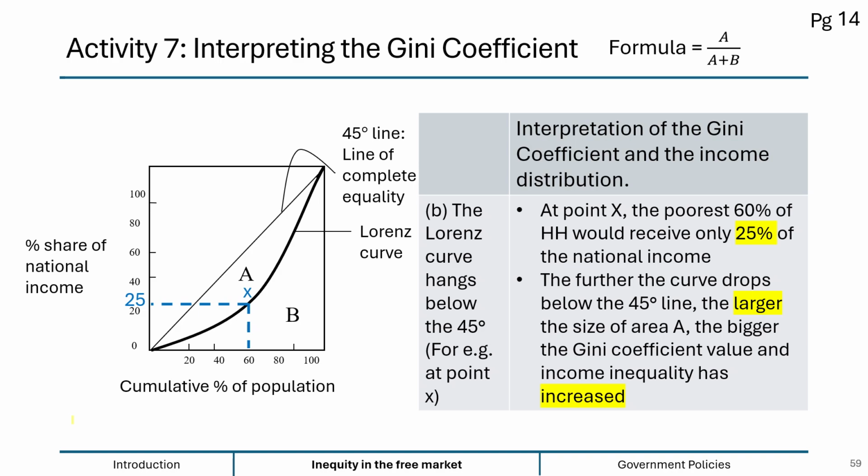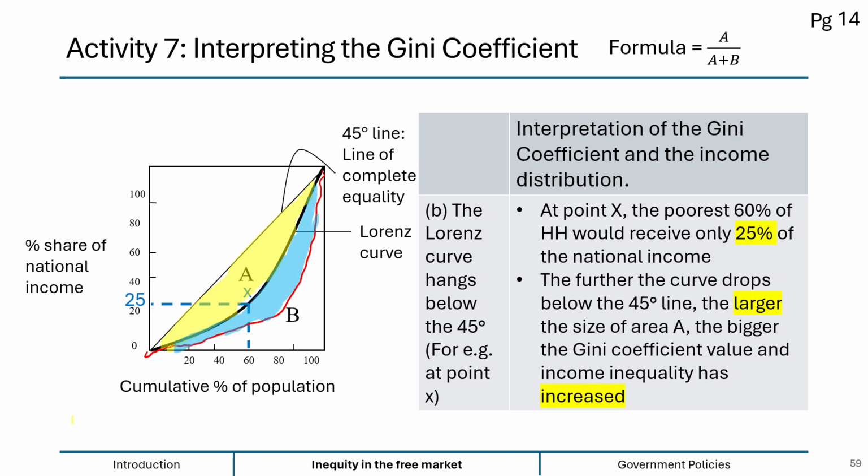So if the Lorenz curve is no longer the bolded black line, it becomes this red line over here. My area A is no longer this shaded, highlighted yellow portion anymore. It is the highlighted yellow portion plus the blue portion.